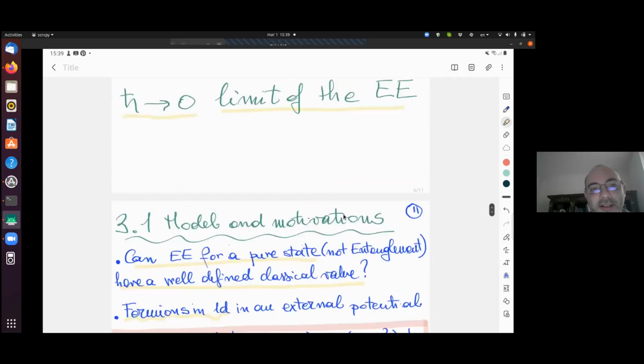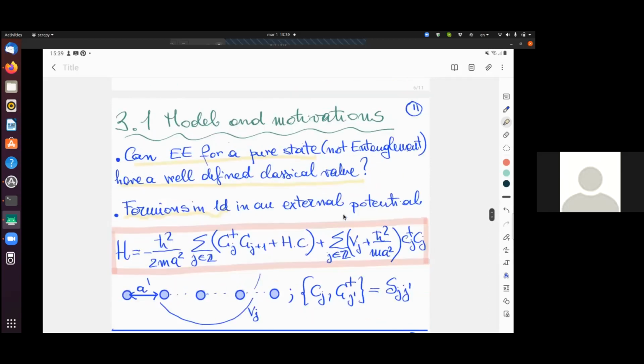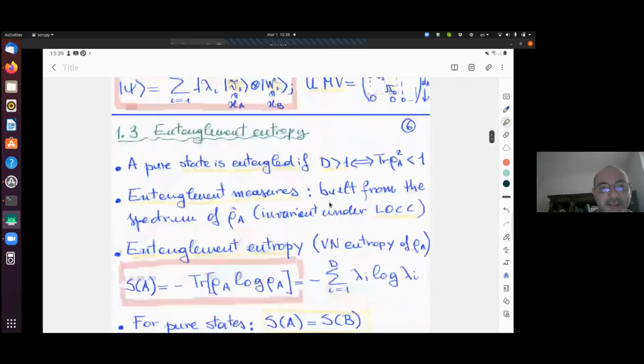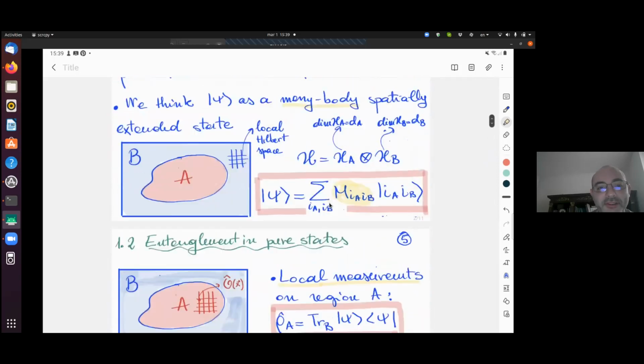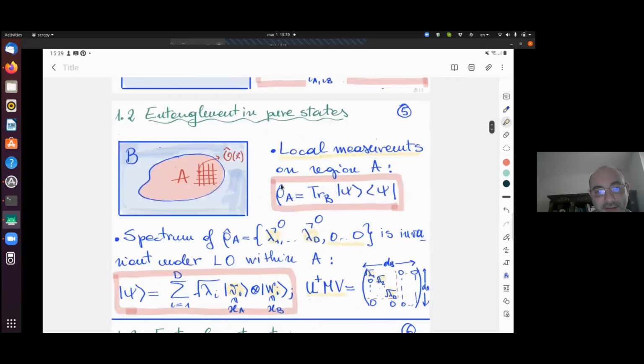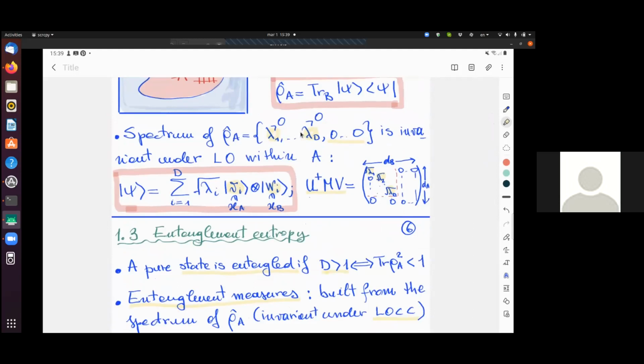At the very beginning, I showed that any pure state you can write like this, the so-called Schmidt decomposition, once you have fixed the bipartition of Hilbert space. If D is 1, then there is just one state, and then it will be 0. But if D is larger than 1, then the reduced density matrix is not a projector, and then it's okay.